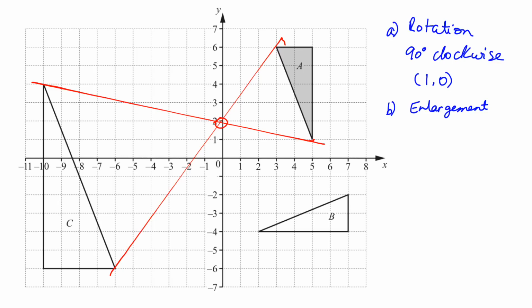So your center is (0, 2). And then you need to find the scale factor. You can see the base here has 2 squares. And here you have 4 squares. So the scale factor is 2. But if it is on the opposite side, with the transformed image on the other side, it's going to be negative 2.